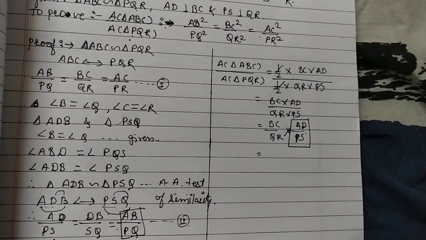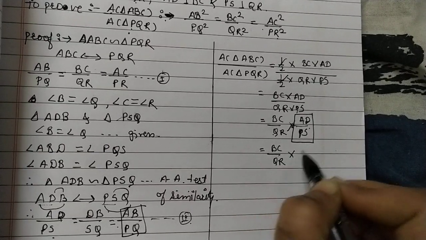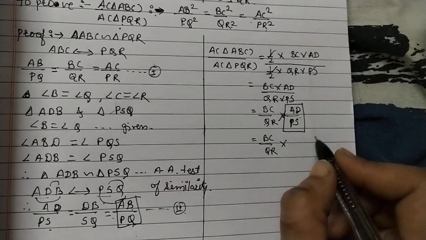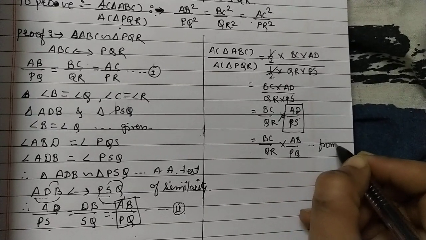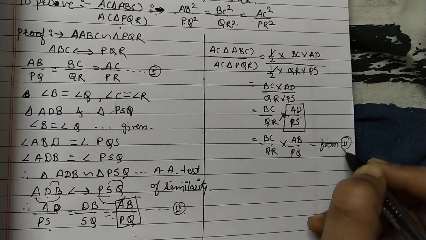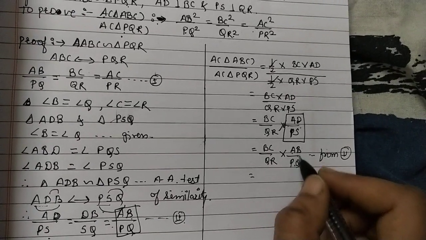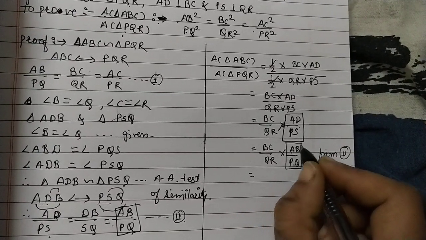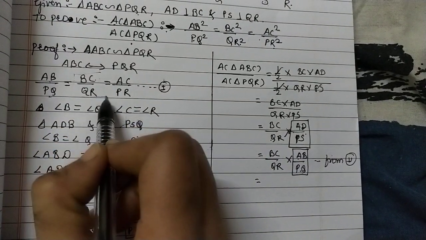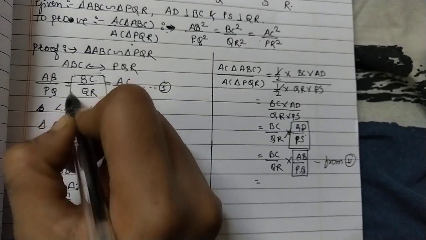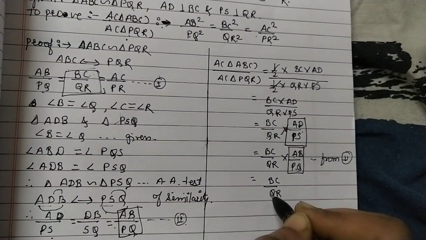So I'll write BC upon QR into AB upon PQ, from 2. Now in the place of AB upon PQ, can I write BC upon QR? Yes, because they are equal.